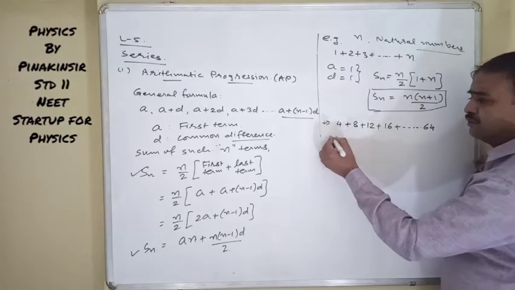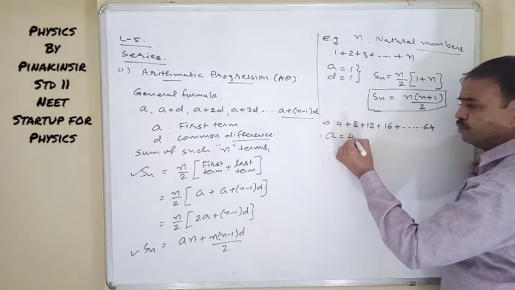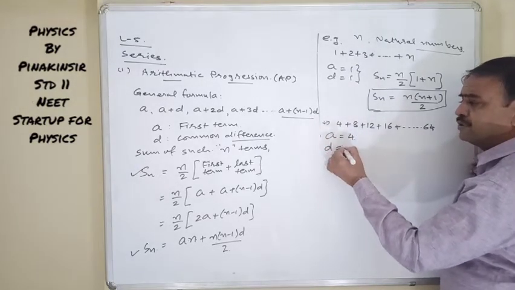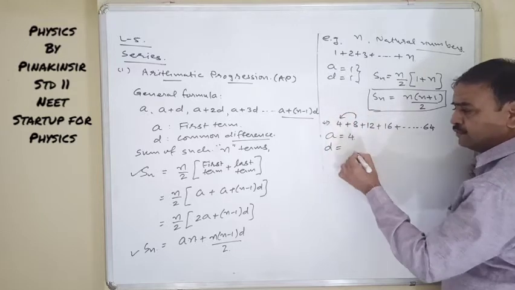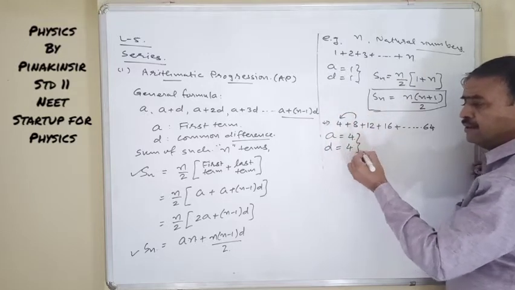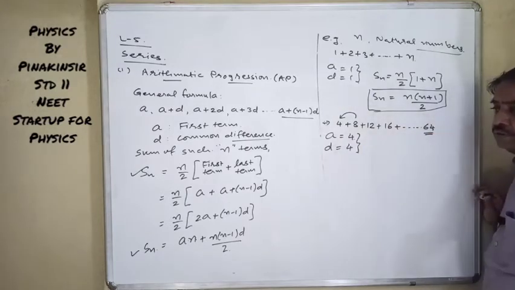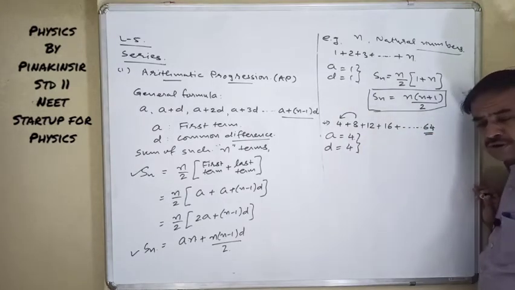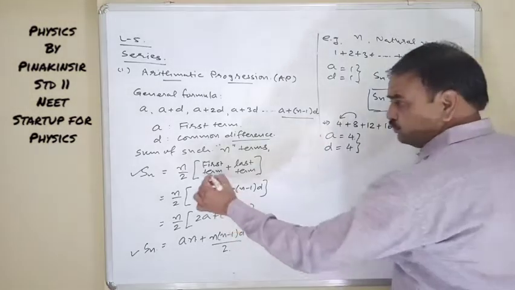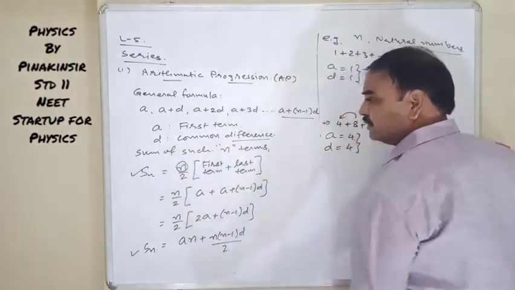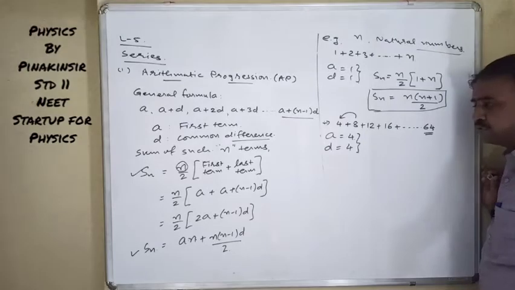See here, your first term is 4, common difference is 8 minus 4, nothing but 4, and last term is 64. But for using this particular relation, you need to find out what is n, that is number of terms.